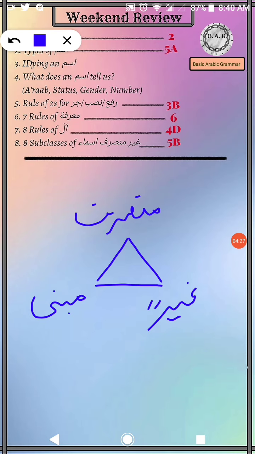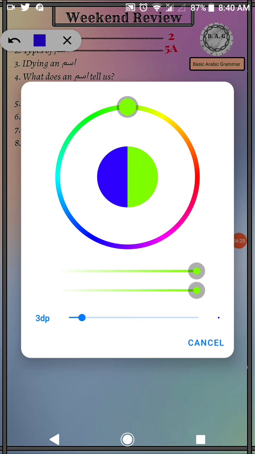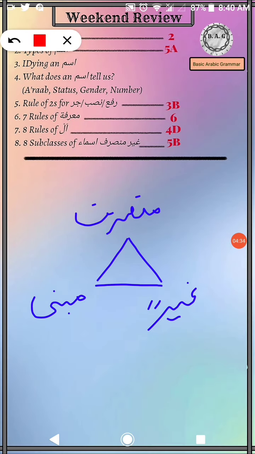Regarding munsarif, there are three points that I would like you to remember regarding all three of these. First of all, the munsarif alfaz or the munsarif asma are the ones that form the bulk of Arabic asma.